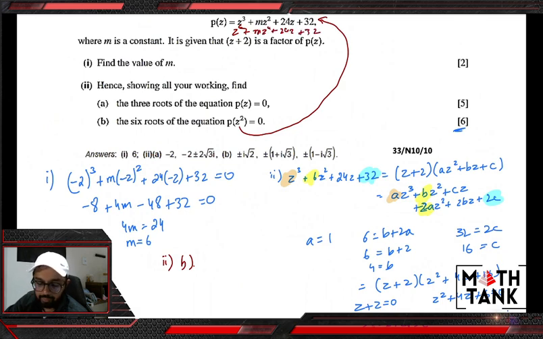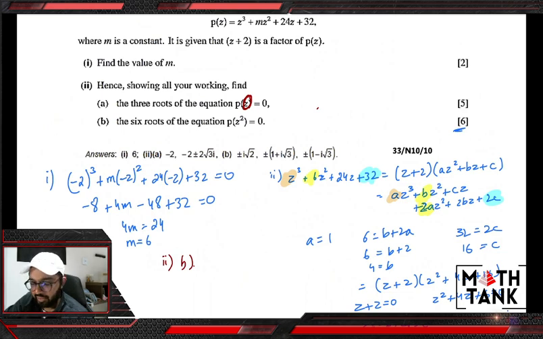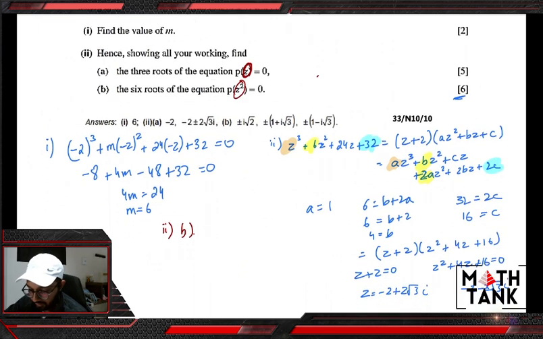Now that wouldn't help me because I don't know how to solve an equation that has power 6 involved. What I can still say is that all the answers that were valid for z are now valid for z squared because the equation has sort of remained the same. So whatever answers you got for z are now answers for z squared.